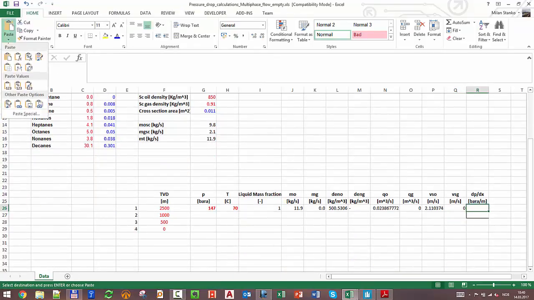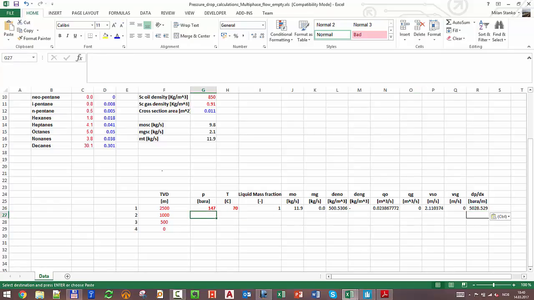And paste, okay. Now to calculate the P, remember we are going from bottom up. So we say that P is equal to the previous P plus delta L, that is this number minus this number, multiplied, it should be minus here, times this number.